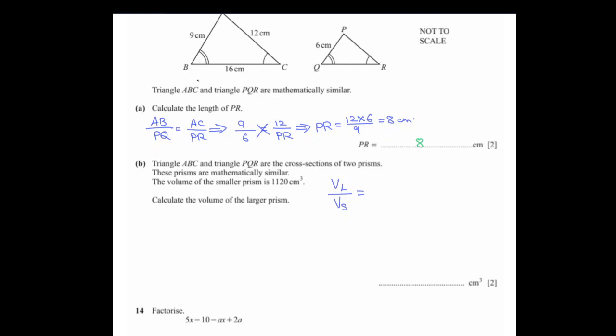So now we know the side lengths. Let us take the two corresponding sides, that is 9 for the larger prism, 6 for the smaller prism, and their cube. Here I write the volume of the smaller prism, already given to us, which is 1120. Now we can find the volume of the larger prism. Cross multiply.